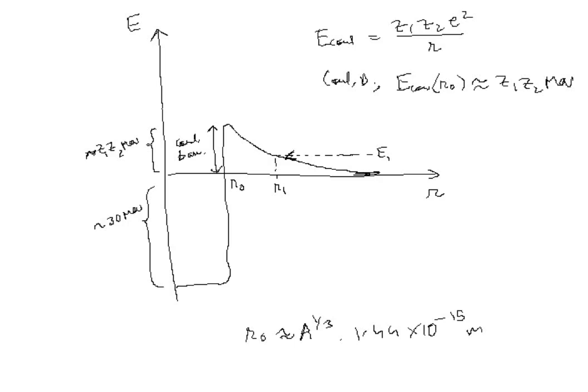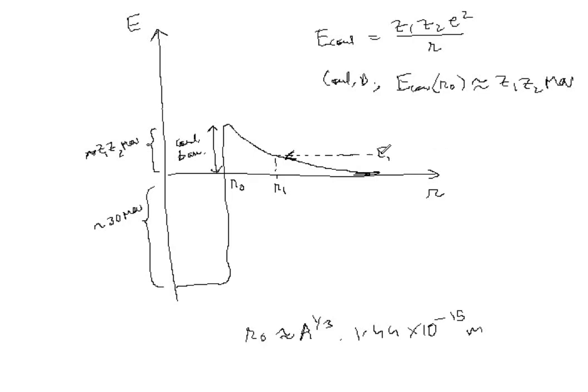Fine. Now let us consider the reference frame of the nucleus. In the stationary reference frame of the nucleus, a particle at infinity has kinetic energy E1 here. Now, how close can it come?